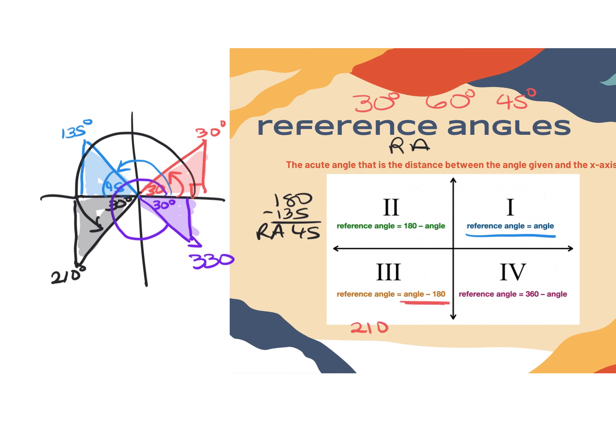Here you take the angle and you subtract 180, and that would give you your reference angle. And then in the last quadrant, you take 360 and subtract the angle that they're asking you to find the answer for. And again, that gives you your reference angle. And that would be the sides that you're going to label, the opposite, adjacent, hypotenuse, in relation to that 30-degree angle.